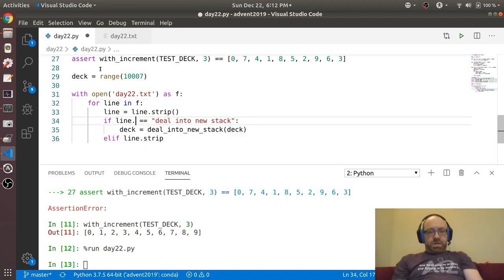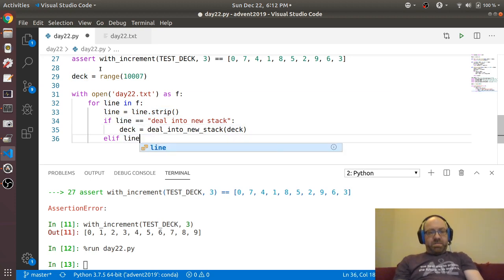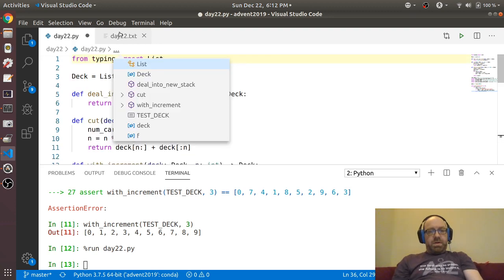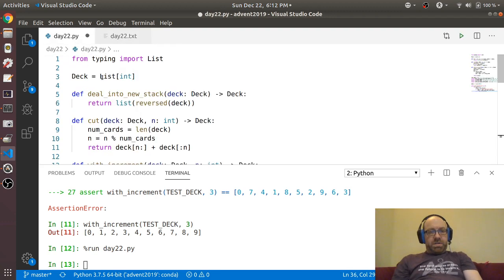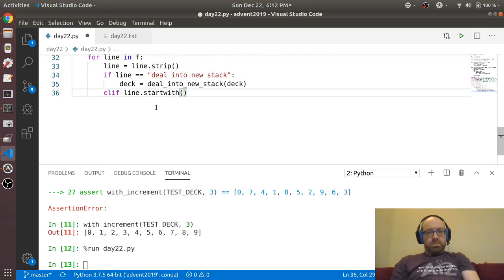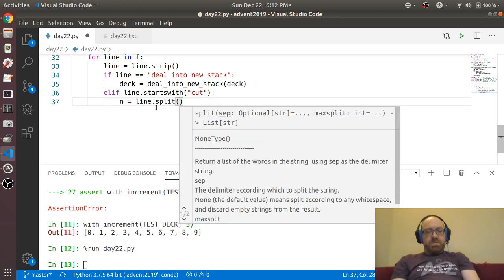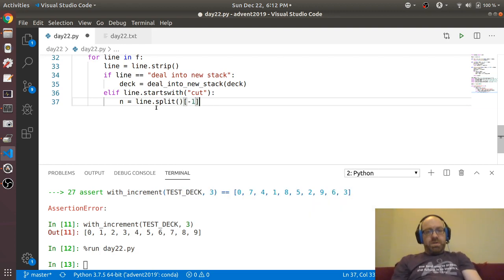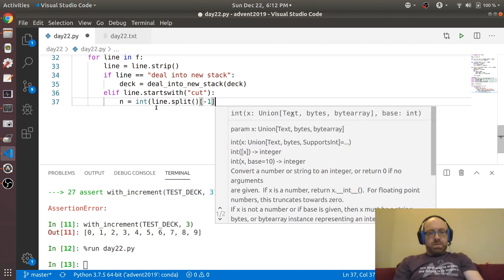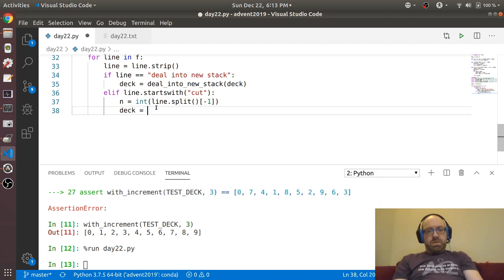If line equals deal into new stack, elif line starts with cut, n equals line dot split -1 and int, and dec equals cut dec n.